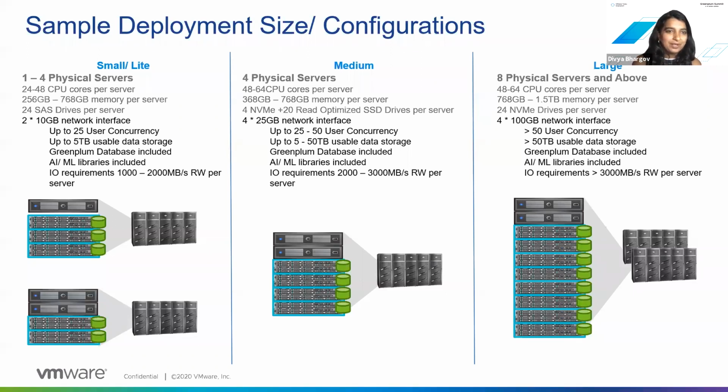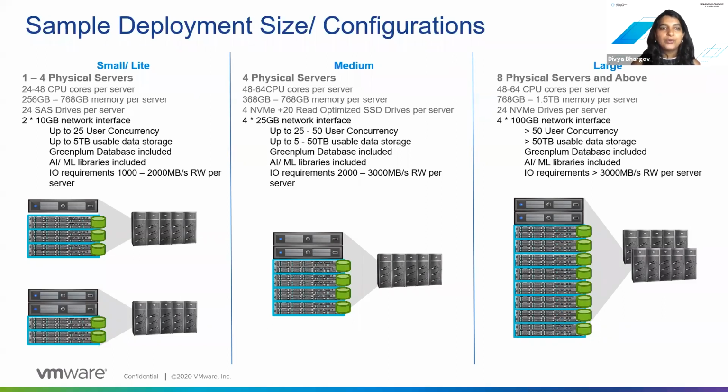If we dig into one of them, let's say medium, what it takes is 4 physical servers, each physical server having 48 to 64 cores, and the memory is about 368 to 768 GB. And we have 24 drives, 4 of which are NVMe used for the cache layer that I previously mentioned, and 20 used for the capacity layer.